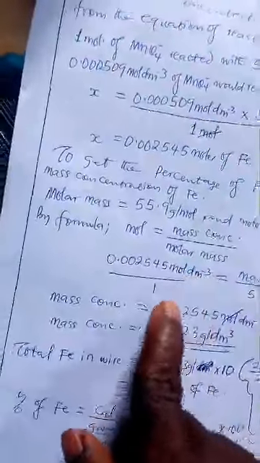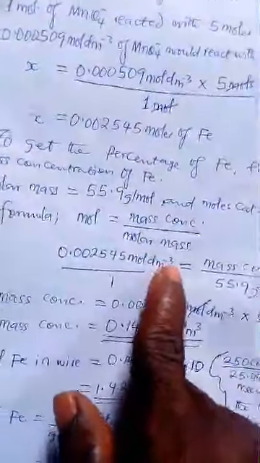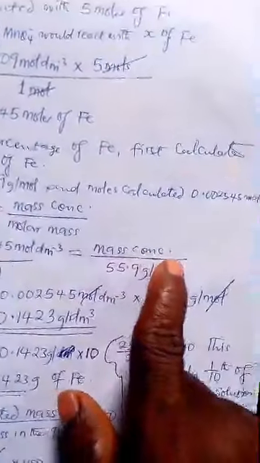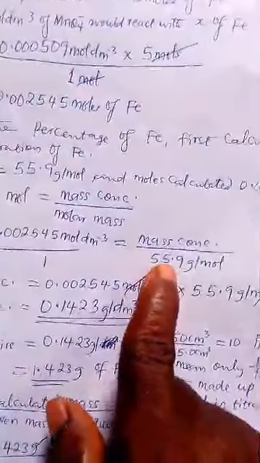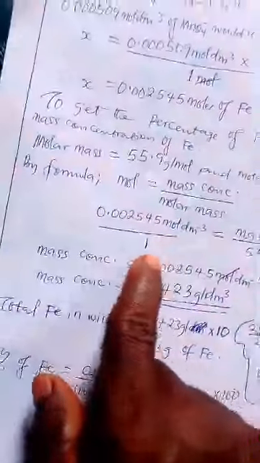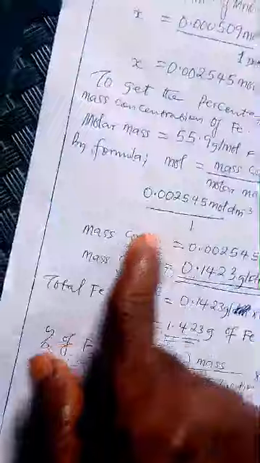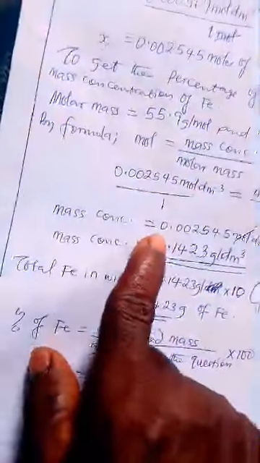Now, by formula, mole concentration is equal to mass concentration over molar mass. And our mole 0.002545 mole per dm3 is equal to mass concentration over 55.9 gram per mole. This one over 1. If you do your cross multiplication, mass concentration times 1, you get mass concentration is equal to this multiplied by this.